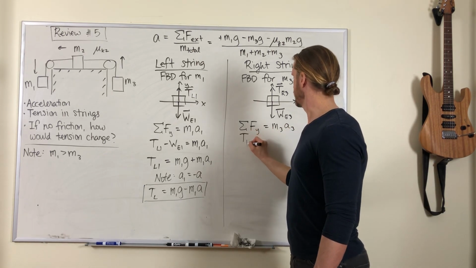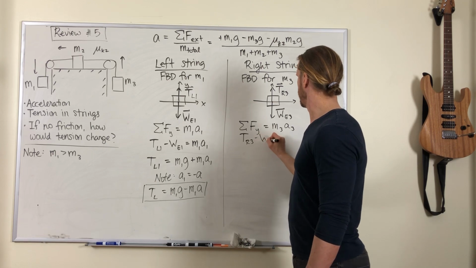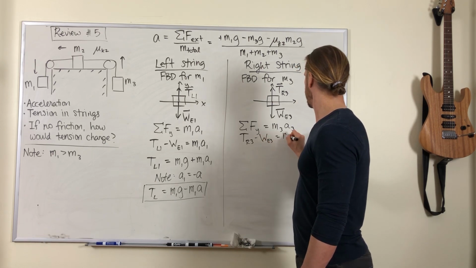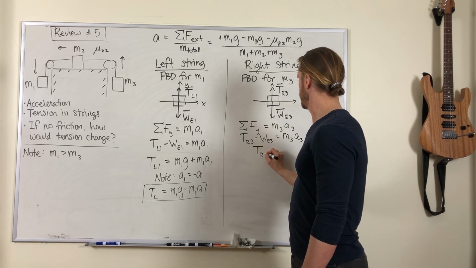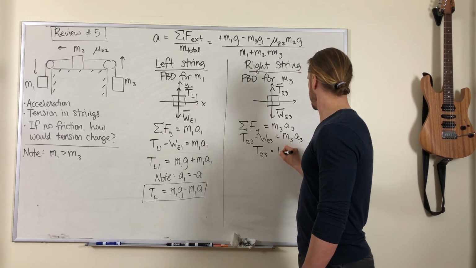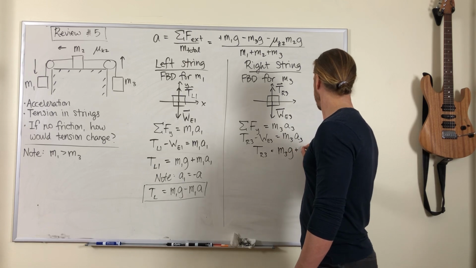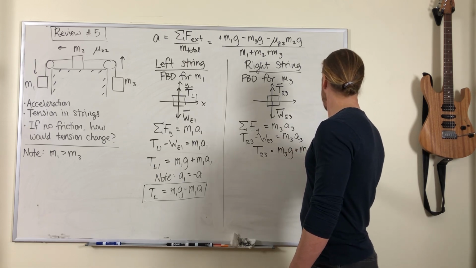That gives us tension minus gravity force equals M3A3. Tension force equals M3G plus M3A3.